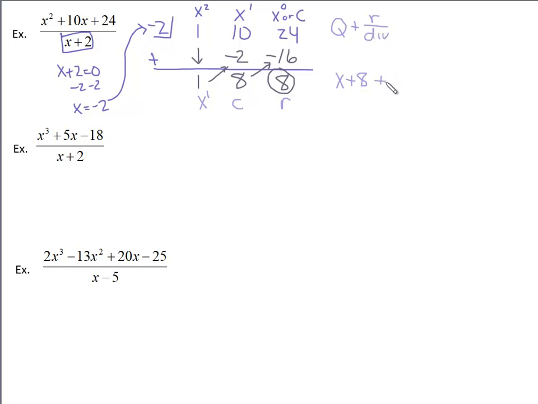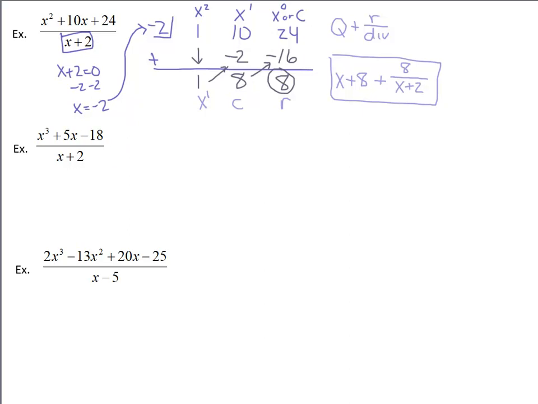So we're going to write this as plus my remainder, 8, over our divisor, x plus 2. So this one happened to have a remainder, and that's how we would interpret our final answer there: quotient, x plus 8, plus the remainder, 8, over our divisor, x plus 2.